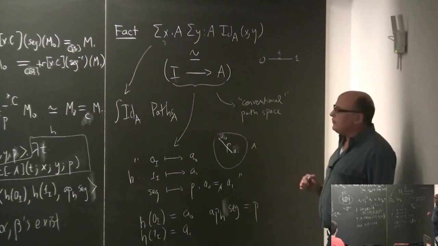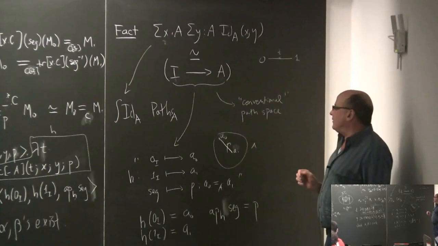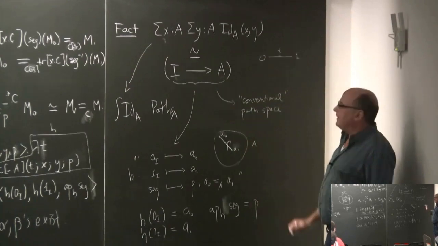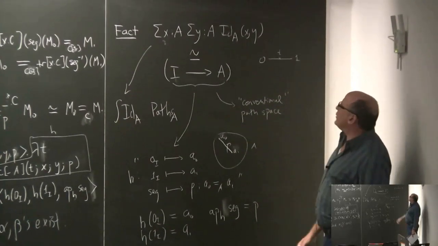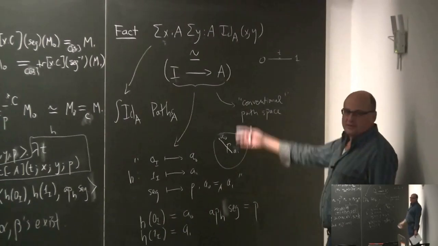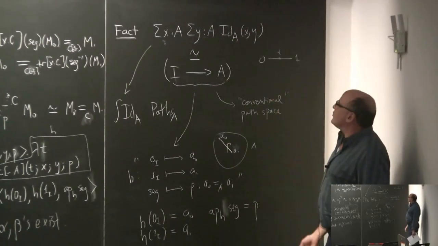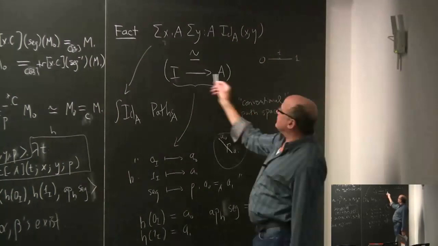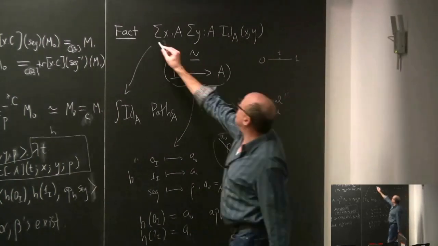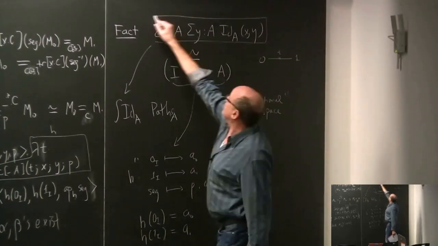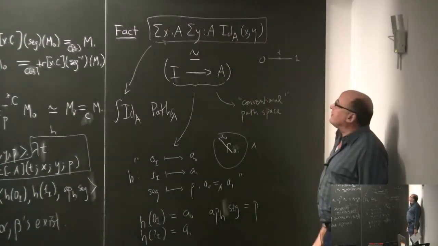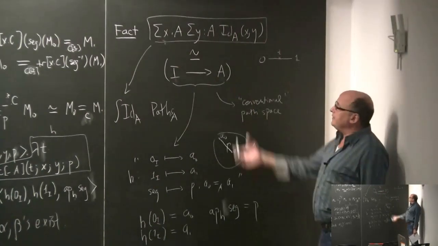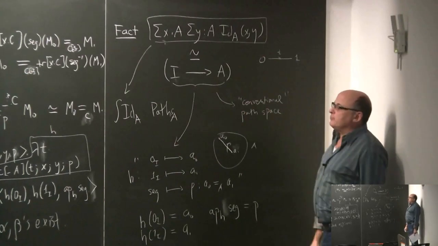So when I first saw this a couple of years ago, I thought it really clicks into place audibly, and you feel, oh yeah, that's really great. It makes perfect sense that our conventional understanding of paths lines up with this abstract type understanding of paths, where we have an abstract type, the identity type or path, which characterizes the paths in a space, and lo, it really works out perfectly.